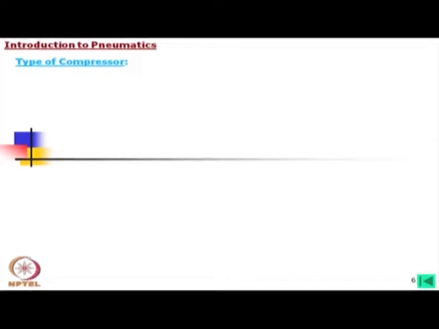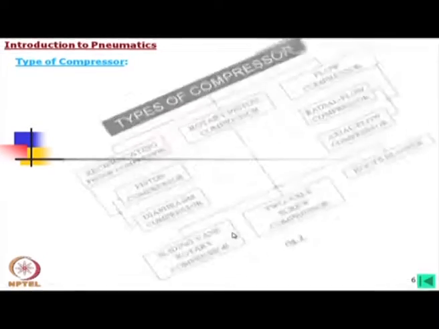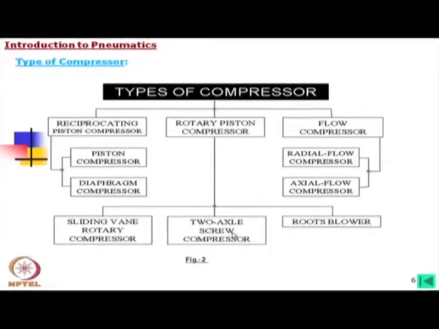What are the components? The most important is the compressor. Now, if you look into the types of compressor, the most common is the reciprocating piston compressor, and then again the piston compressor and the diaphragm compressor.